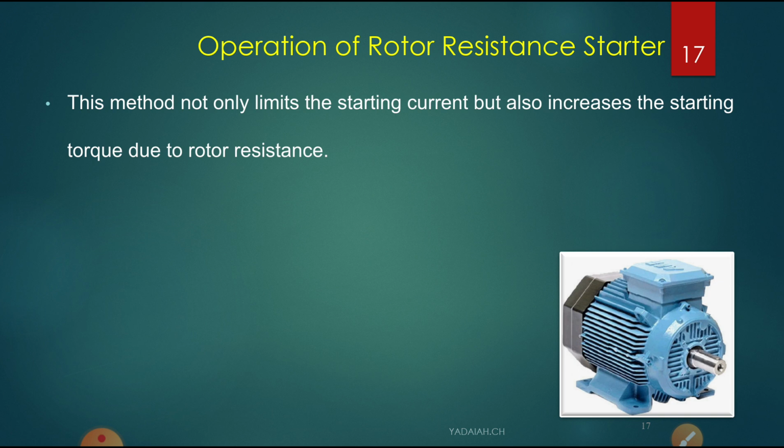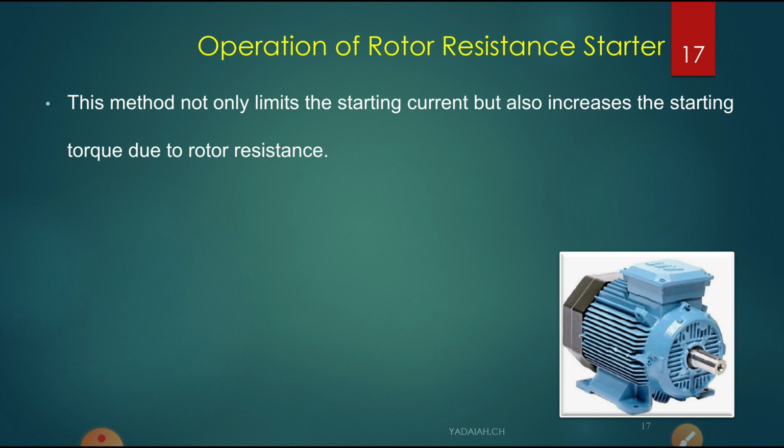In a bike, we have to apply the first gear initially, then move on. Otherwise, if you keep the fourth gear initially, the vehicle will stop. Similarly, here, where we require more starting torque, we can prefer the slip ring induction motor instead of the squirrel cage induction motor.